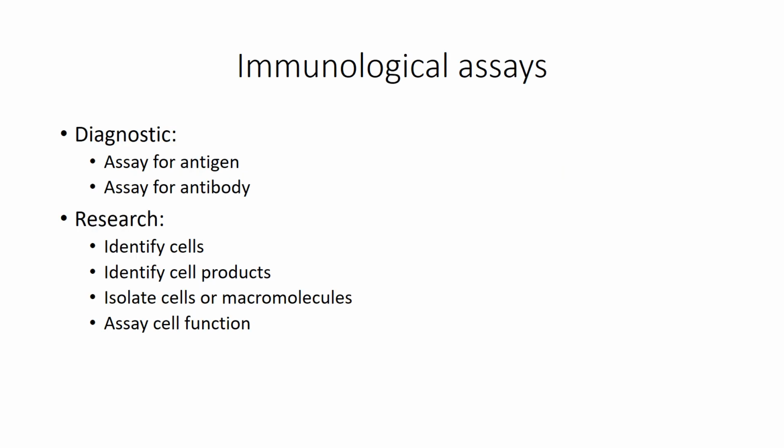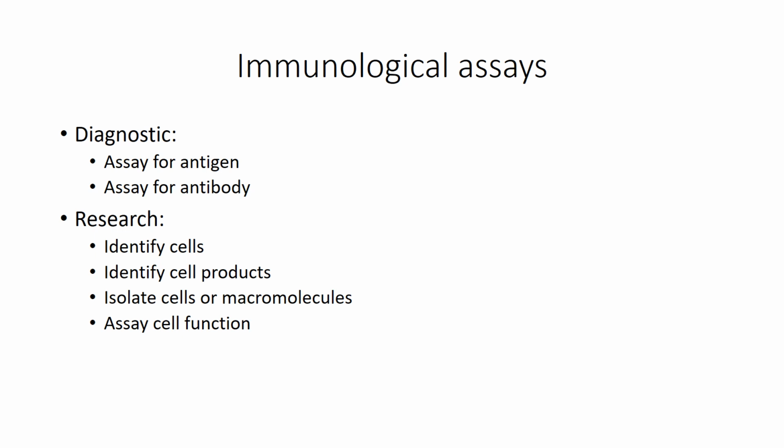There are different tests for diagnosis. It is testing for antigen in order to determine the unknown pathogen, and then there is also testing for antibody to determine the pathogen or also to look for deficiency.